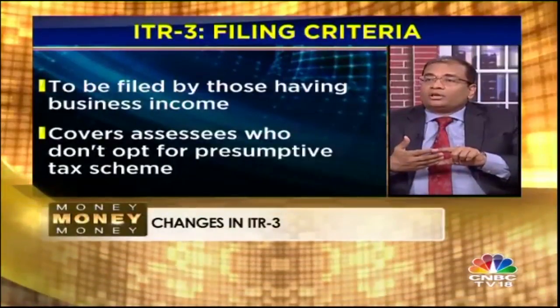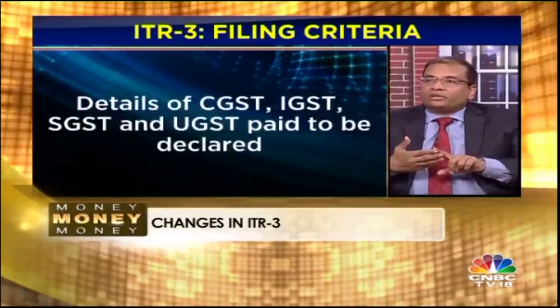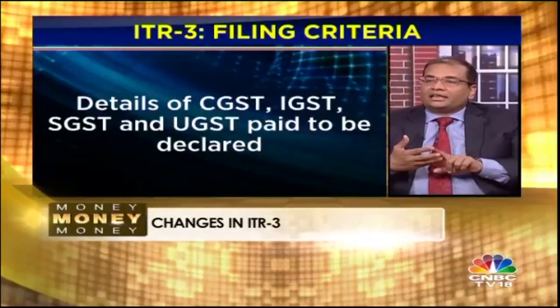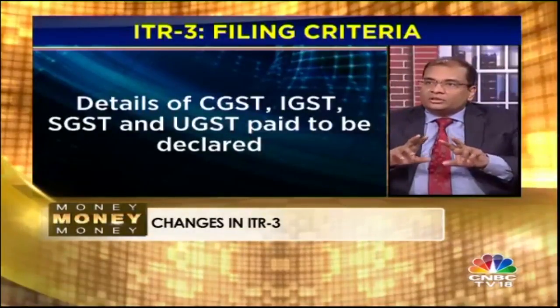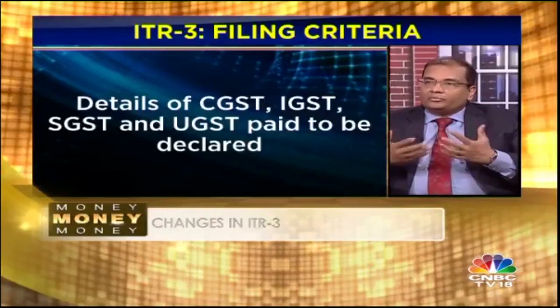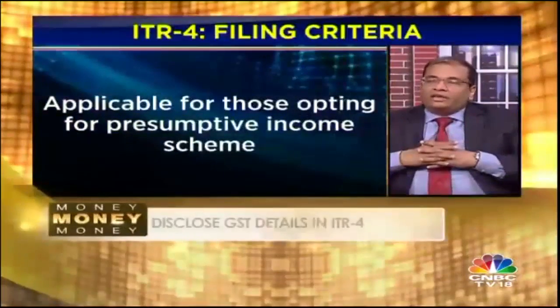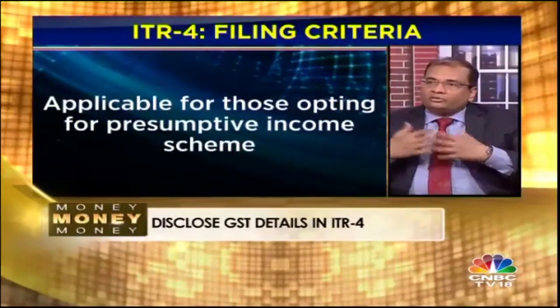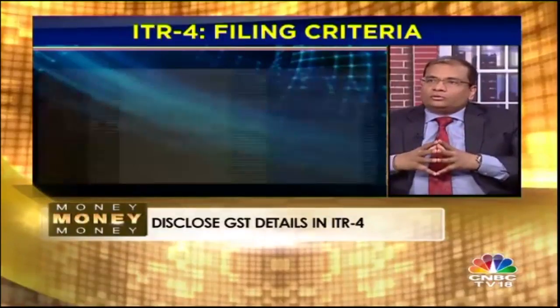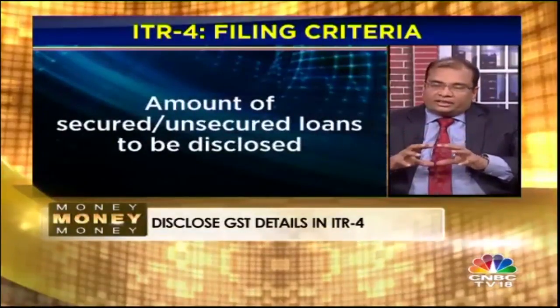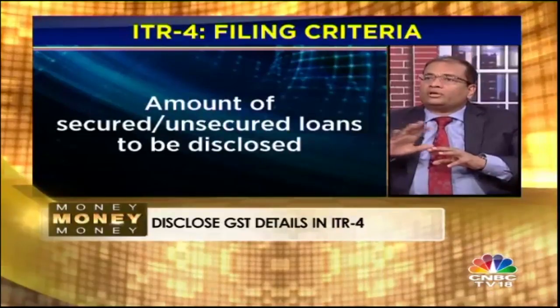So those are required to be disclosed separately in Form 3, where the person is taxed not on a presumptive basis, but on a real net income basis. Whereas ITR 4 relates to presumptive taxation. Okay, where you're assuming that this is going to be your income. Correct. And in that situation, you don't have to provide all this information.